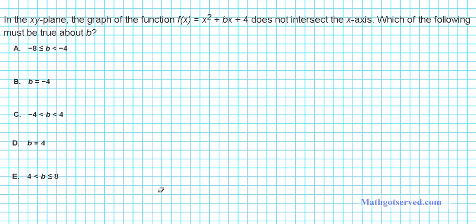So if you do not remember your quadratic formula, let me refresh your memory. x equals negative b plus or minus the square root of b squared minus 4ac, and everything divided by 2a. Now, this portion helps you determine the nature of the roots or intersection of the related quadratic graph.